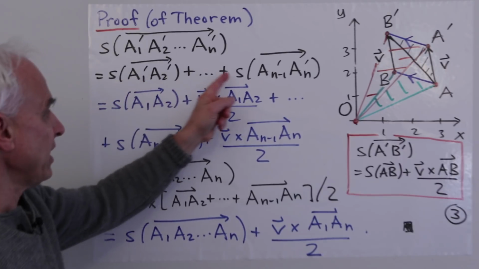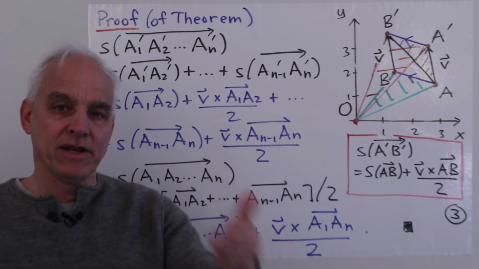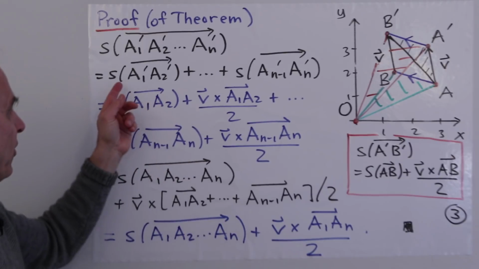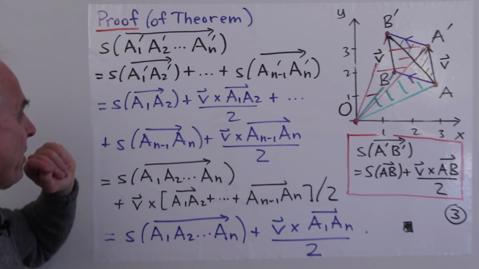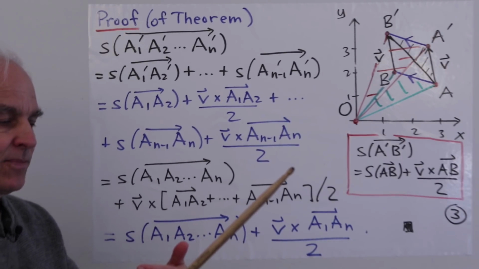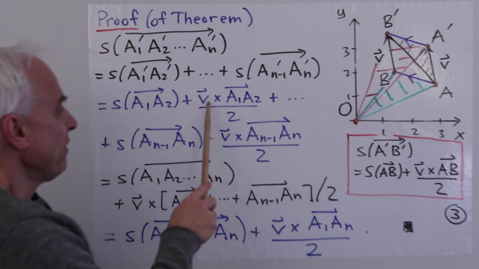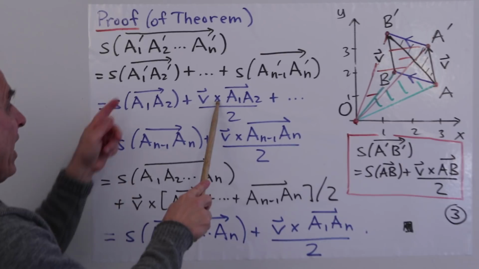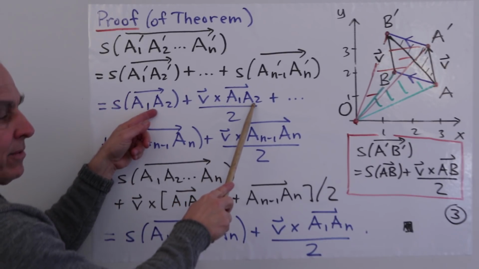Now, to each one of these we can apply the lemma. So the signed area of A1 prime A2 prime is the signed area of A1 A2 plus this additional factor, V cross A1 A2 all over 2.